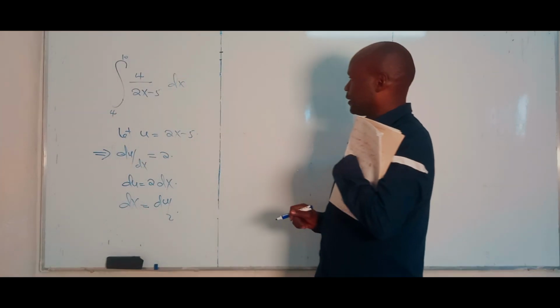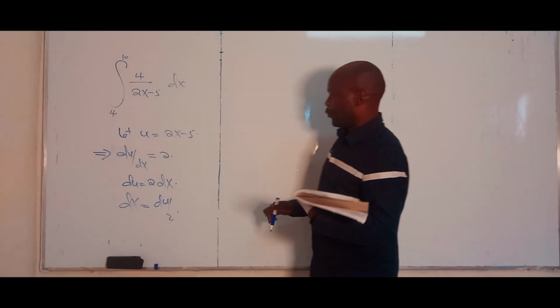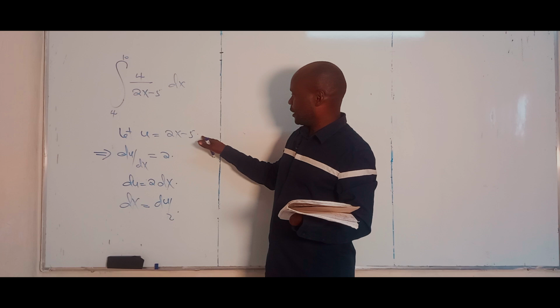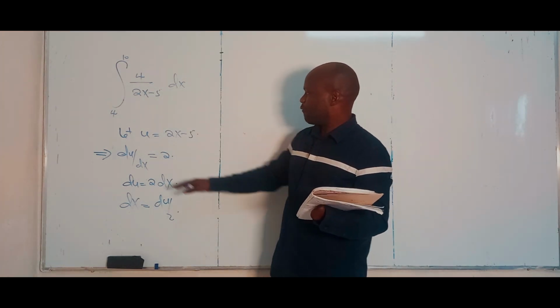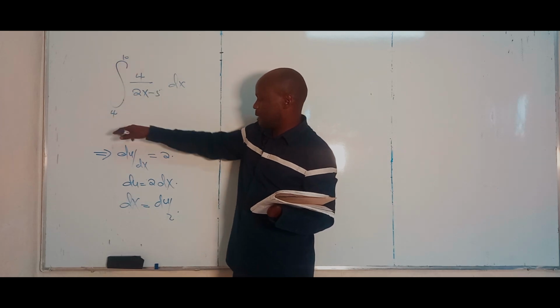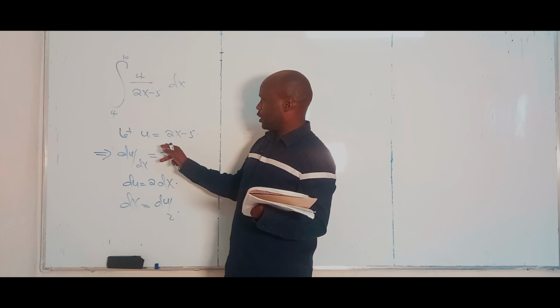Now, having that, we need to change the limits as well, because already we have let u be 2x minus 5. So the next step is to define new limits.